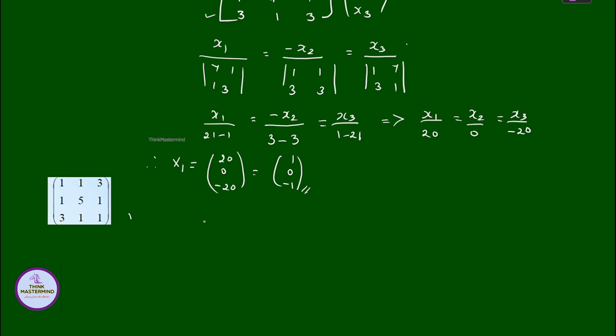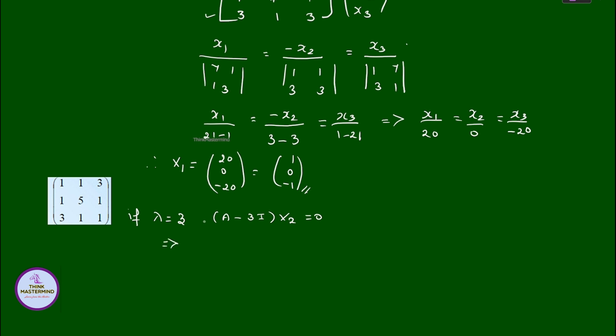Next, if lambda is equal to 3, the corresponding eigenvector is x2, such that (A minus lambda I, where the lambda value is 3) into x2 is equal to 0. x2 is the corresponding eigenvector of lambda is equal to 3.